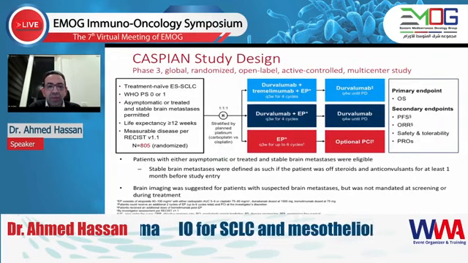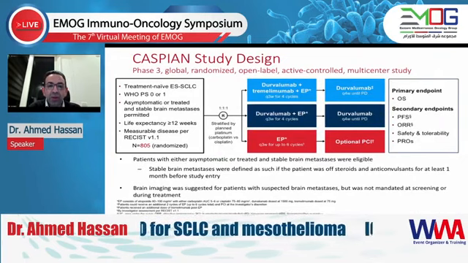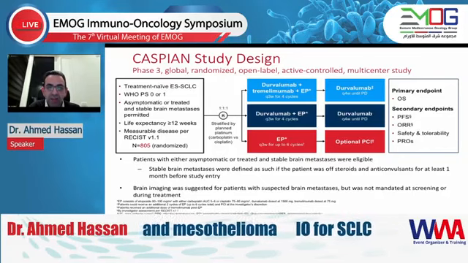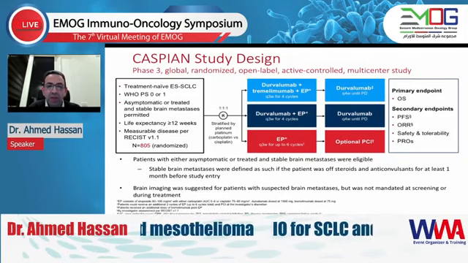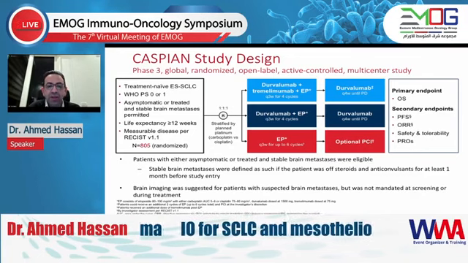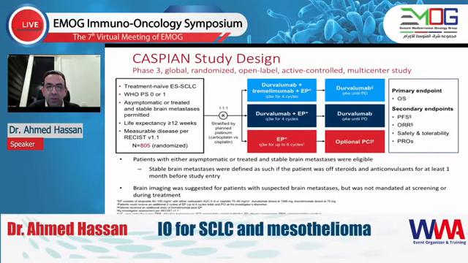Caspian study randomized patients in a 1-to-1 pattern into 3 arms, equally weighted: durvalumab plus tremelimumab plus chemotherapy, and as I said, it's etoposide plus platinum of your choice, cis or carbo; second, durvalumab alone and chemotherapy; or the standard treatment, which is etoposide and platinum.